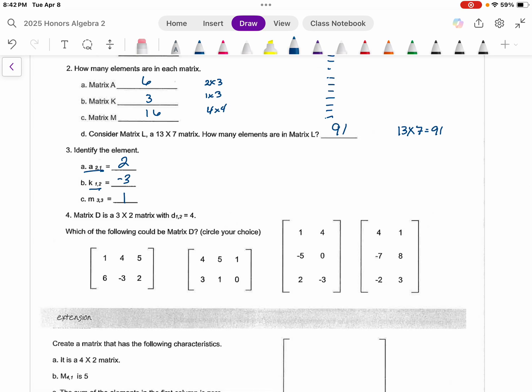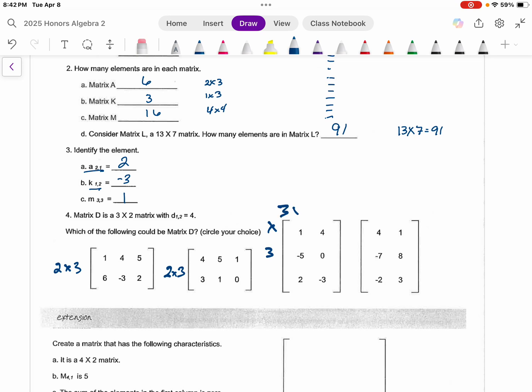And let's see, it says matrix D is a 3 by 2 matrix with an element of 4 in the position of row 1, column 2. So 3 by 2. So we know this is a 2 by 3. That's a 2 by 3. This is a 3 by 2.